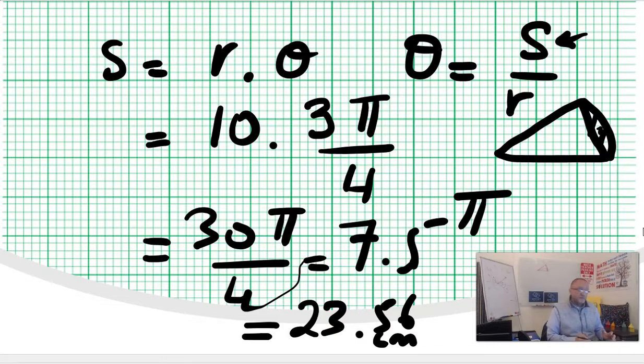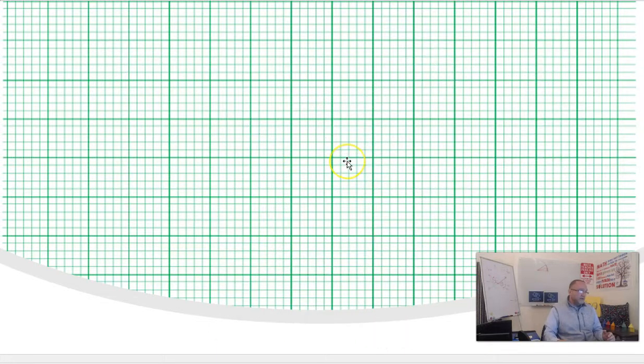And we also learned that the area of a sector equals one half of S, the arc length, times the radius. I taught you, remember this one very well. You're going to need it whenever you have heights, altitudes, areas, volumes, shapes that are proportional.